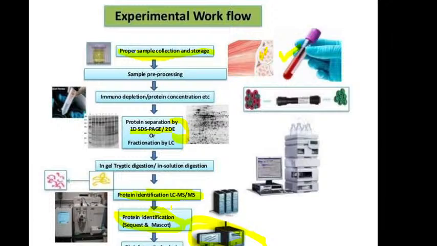You have to start from the sample, take the protein part from it, and then do the separation of the protein. When these proteins get separated by any of the techniques in our lab, you have to identify the proteins on the mass spectrophotometry, or some other techniques are also there. After the protein gets identified, there is a bioinformatics analysis.